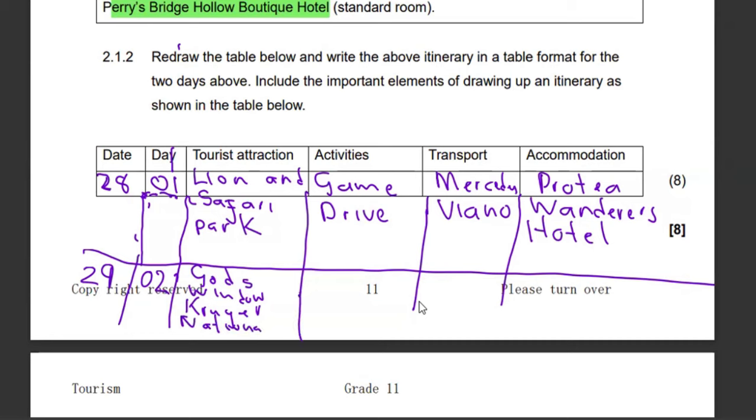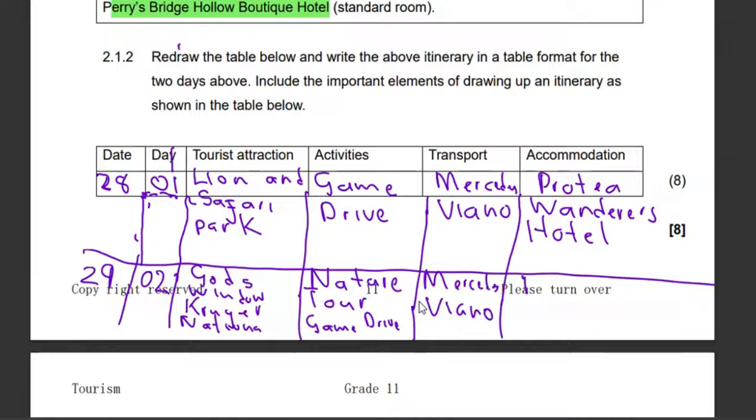In addition to that, they would do a nature tour whereby they'll be viewing nature, and there is a game drive. The mode of transport is still a Mercedes Viano.